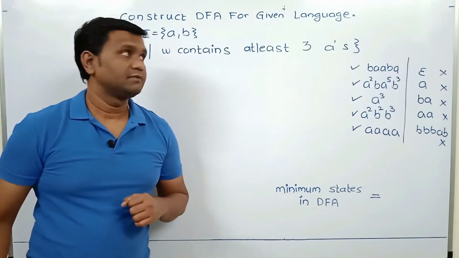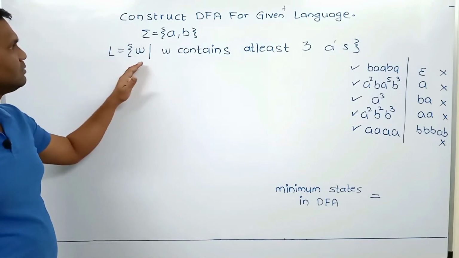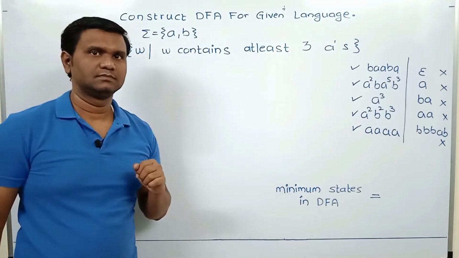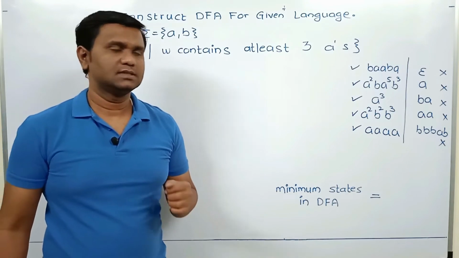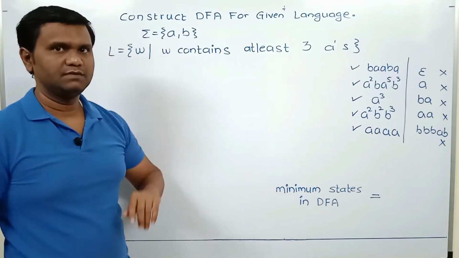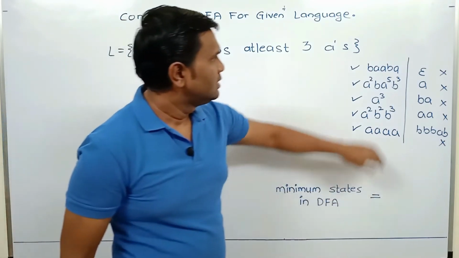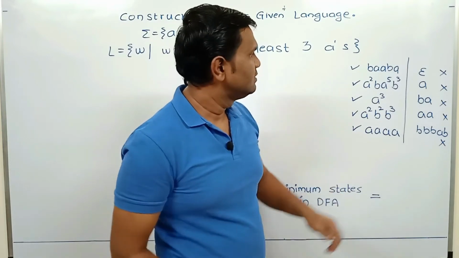Let's consider the next language. The alphabet contains A and B, and the language L is W such that W contains at least 3 A's. A string should contain at least 3 A's, then it will be part of the language. If it does not contain 3 A's, it will not be part of the language. So epsilon does not contain any A, it is not part of the language.